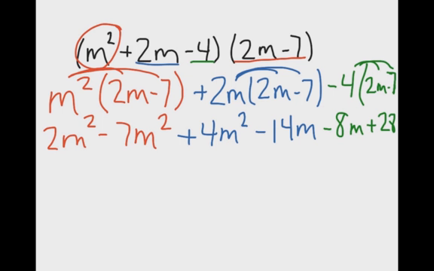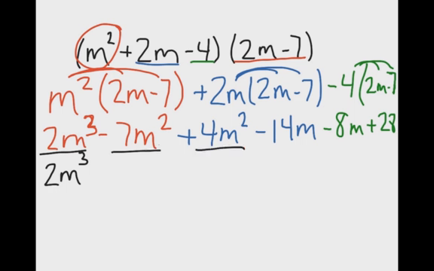And then again, we're going to combine our like terms. And actually, this one up here should be cubed. There we go. So if we look, we only have the one cubed term. So that's just going to say 2m cubed. Then we have two squared terms.